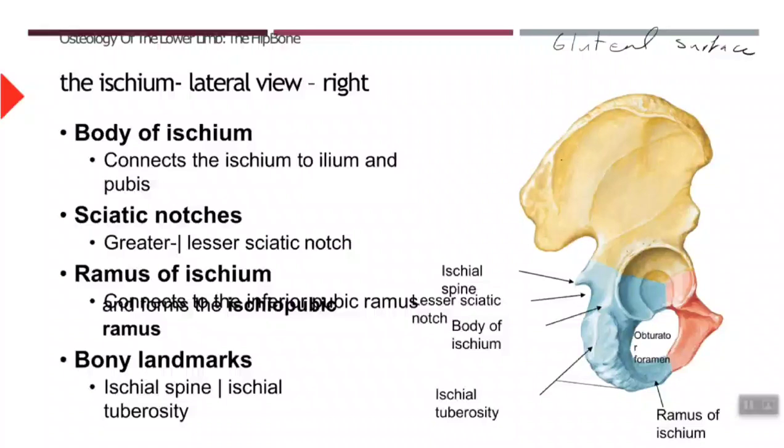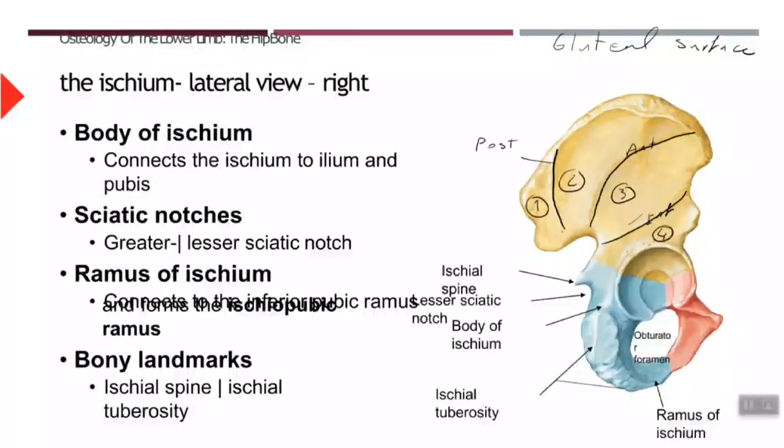This surface is divided into four areas by three lines: the posterior gluteal line, anterior gluteal line, and inferior gluteal line. By these lines, the lateral surface is divided into four areas.